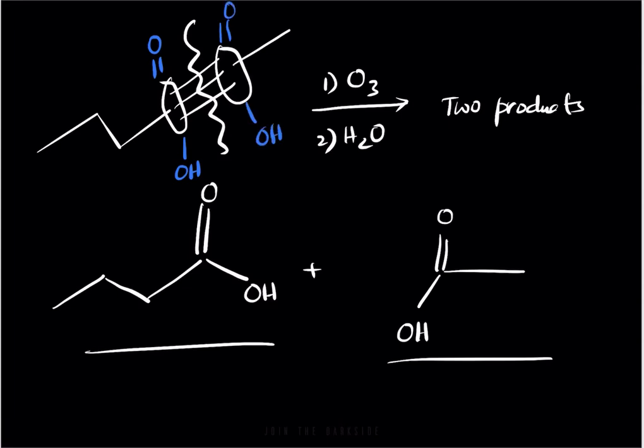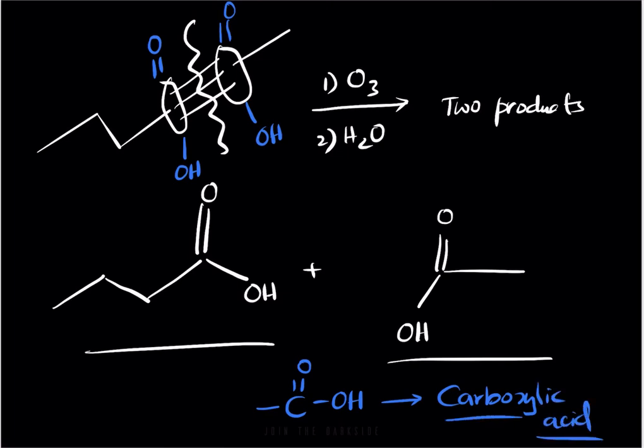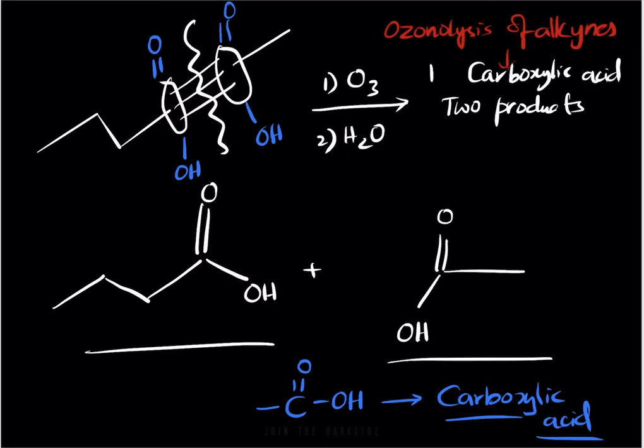So this structure, C double bond O and OH, is called a carboxylic acid. So ozonolysis of alkynes results in carboxylic acids, specifically two carboxylic acids.